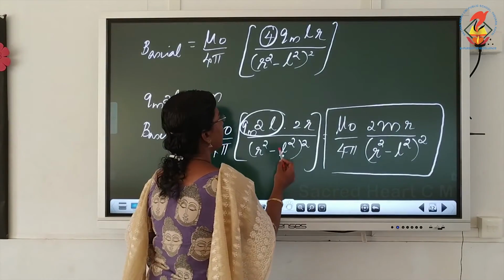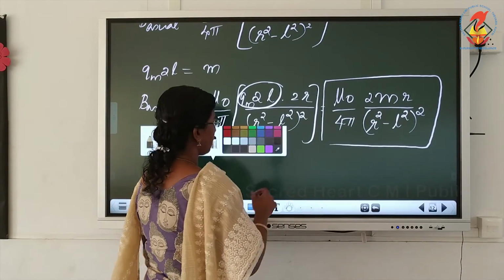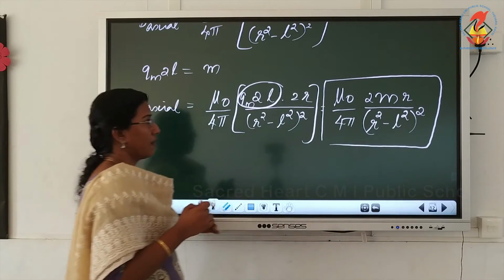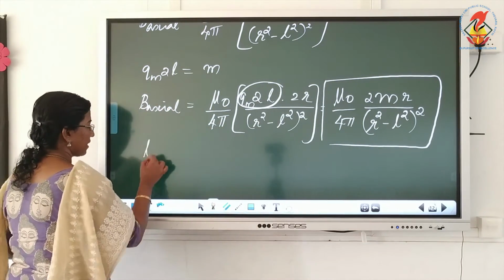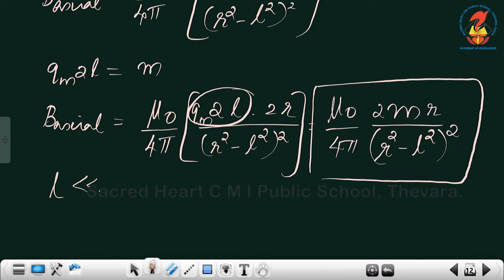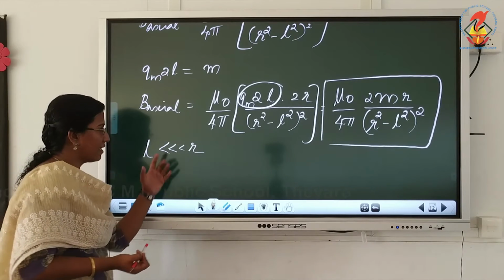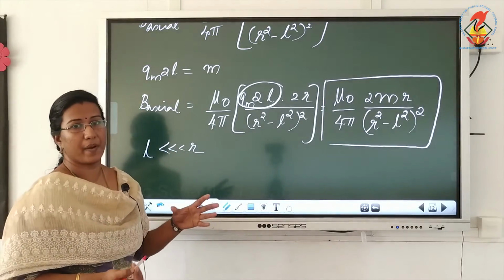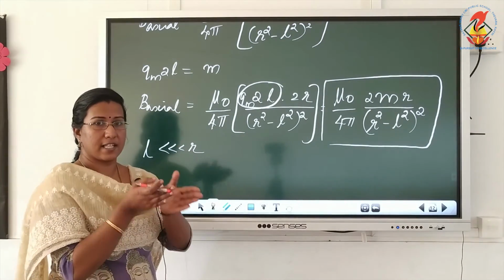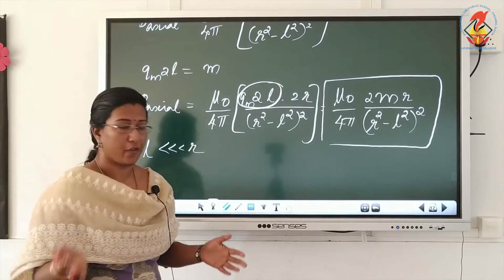Now imagine my point P is very far away compared to the length of the magnet. R is very much greater, or the length of the magnet is very much smaller when compared to the distance between the center of the magnet to the point of observation.